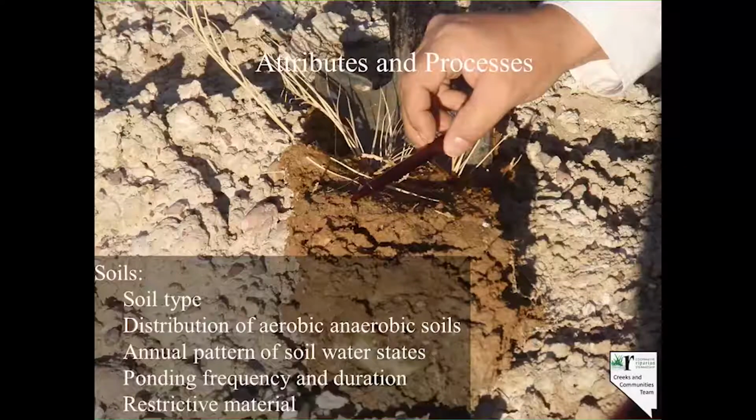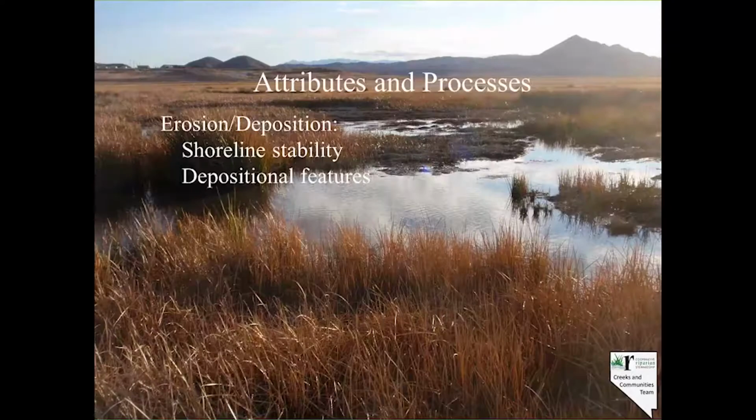And then erosion and deposition isn't as big of an issue with some of the lentic sites as it may seem with lotic sites. But deposition can be a big thing. If the rate of deposition or sediment being transported to your site has changed from the surrounding areas, if you have standing water, you may get that standing water filling in and changing from an aquatic site to more of a wetland or riparian site faster if you've got some disturbances.